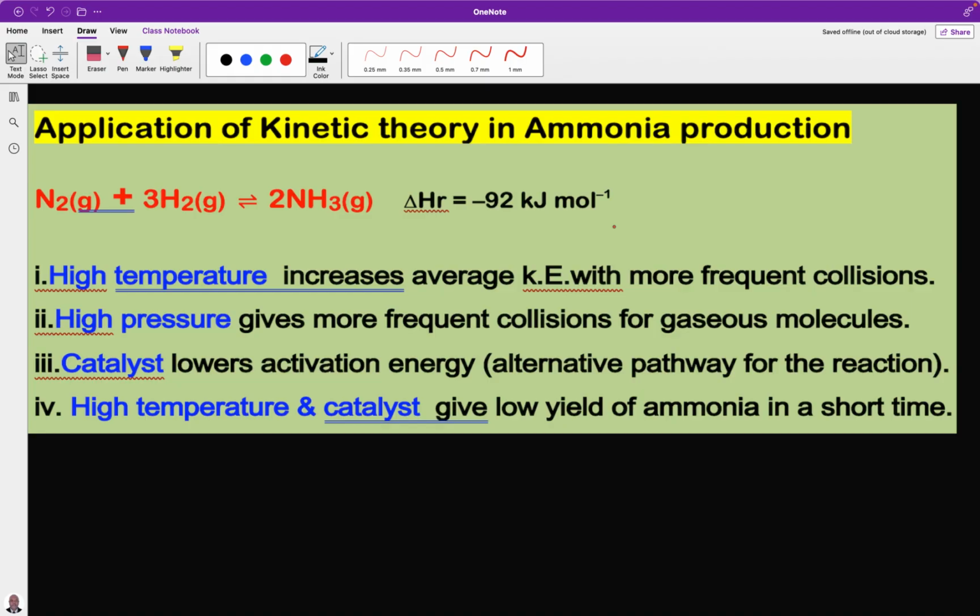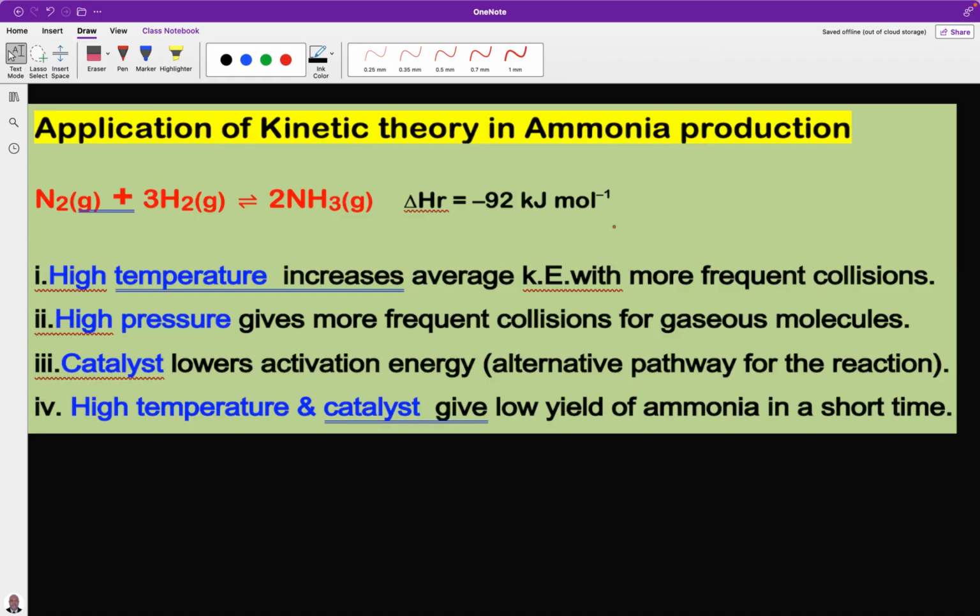When there is an increase in the average kinetic energy of the gaseous reacting particles, there's going to be an increase in the frequency of collision, leading to more successful collision.